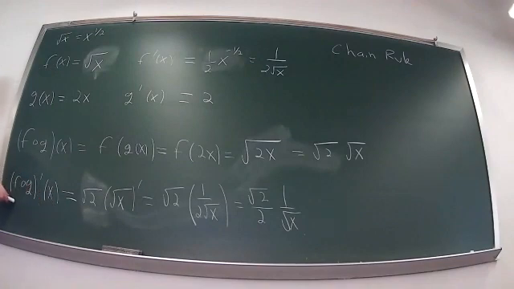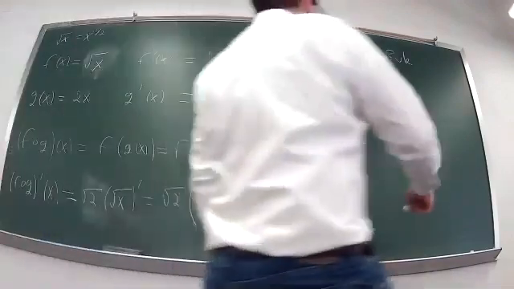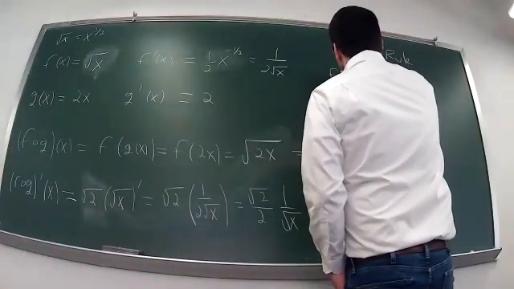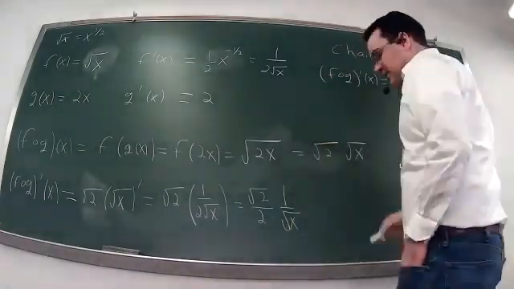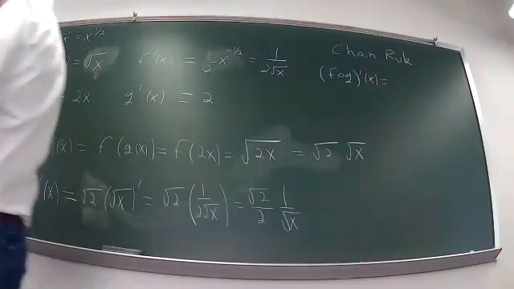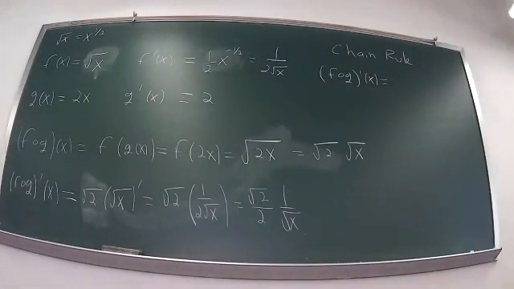So this derivative, you want to take the derivative of a composition of functions. And there's an assumption you have to make. You have to assume that f is already a differentiable function and that g is already a differentiable function. But if those two things are true, then the composition will be differentiable.